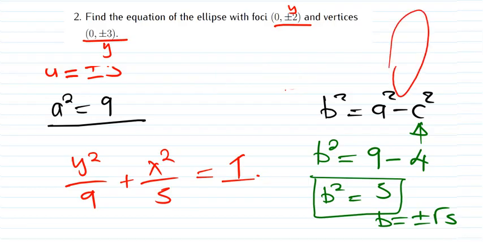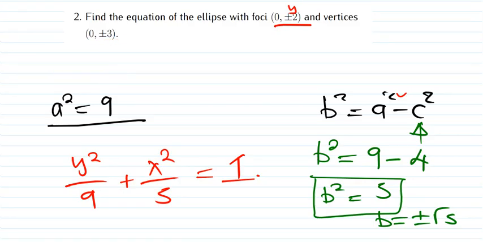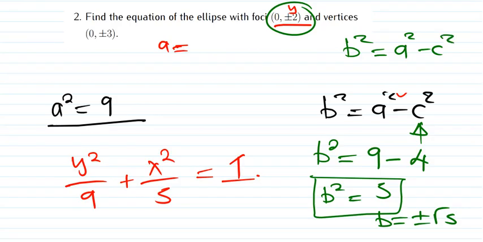And then I had to start my equation with y squared over a squared, and then I was able to find my a squared because the a value represents the distance to the vertices, and then the c value represents the distance to the foci in this case. And then of course we have to put b squared, where we know b squared is a squared minus c squared. And so we substitute the values of a squared and c squared to help us find the value of b squared, and that's what we end up with.